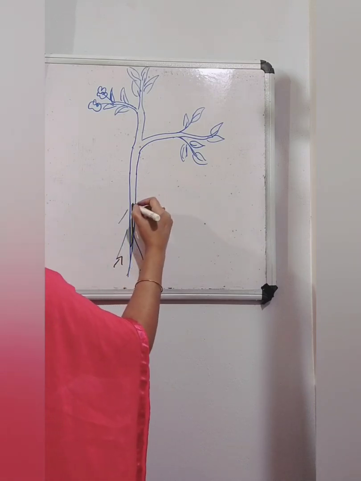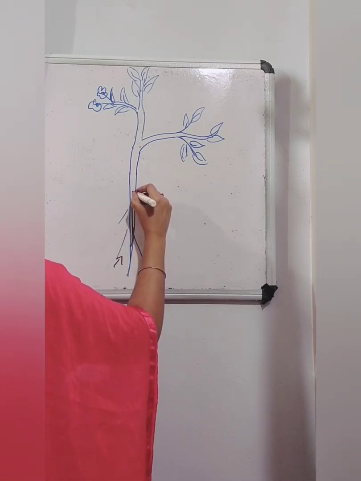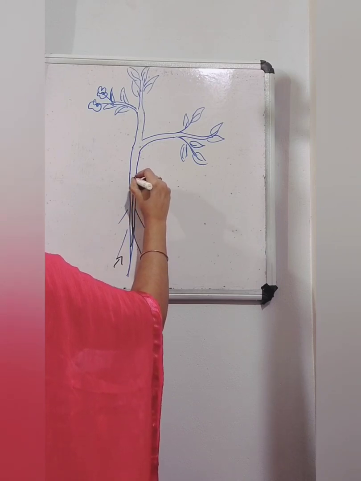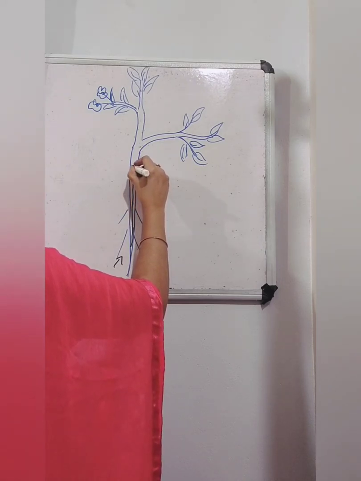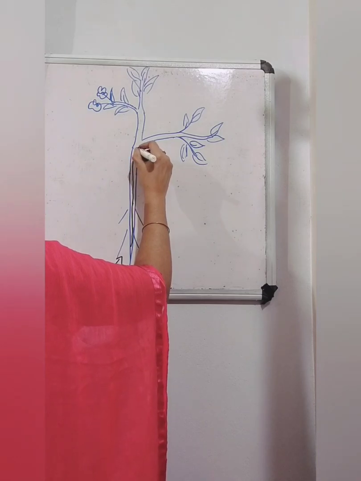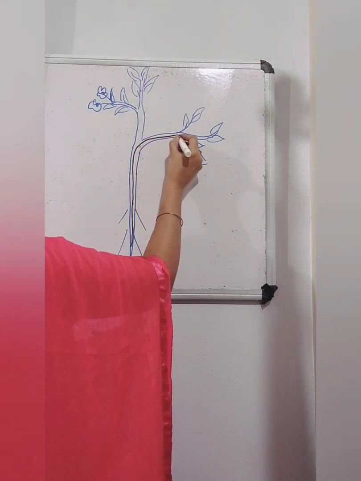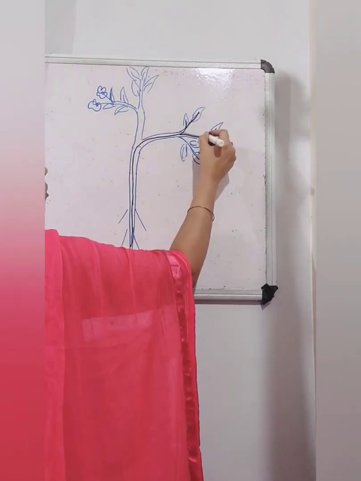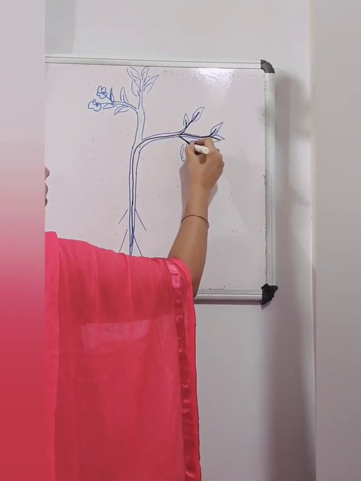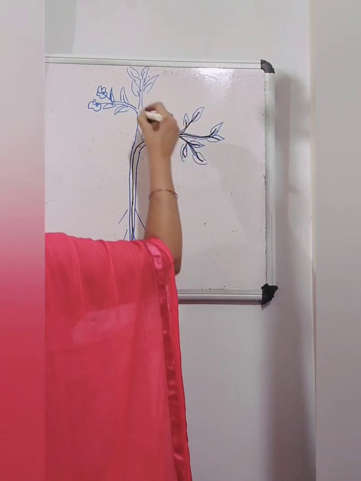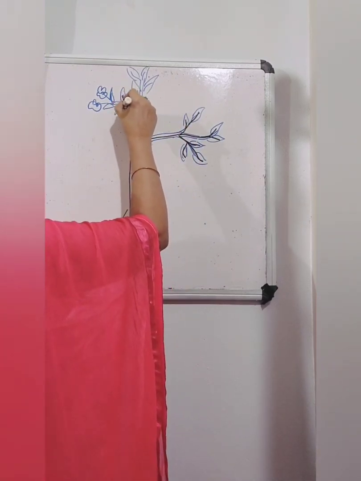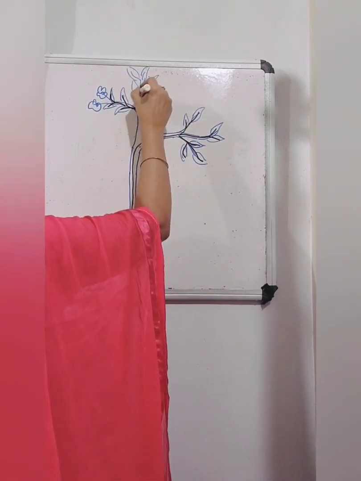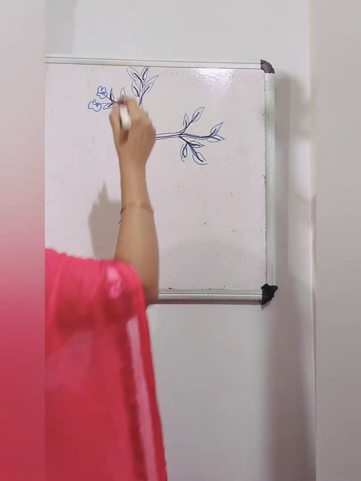Inside the stem there are xylem tubes, and through the xylem tubes water is carried upward and it moves to the branches and it reaches all the leaves of a plant. So water is carried through the stem from roots to all parts of the plant.